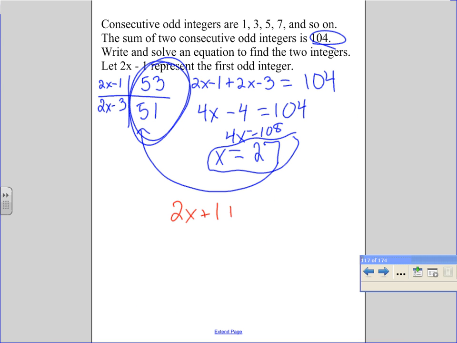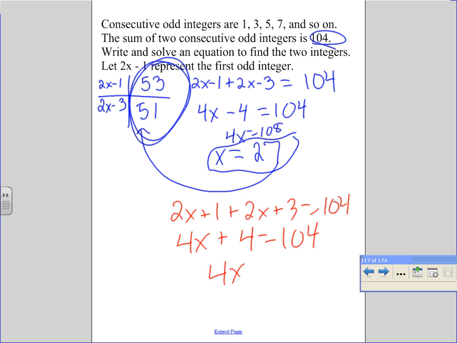Okay, so the x value is different. Sorry, I had to think about that for a second. So, Doug, what's x? What's 100 divided by 4? Okay, so you get x is 25, but when you put it back in for 2x plus 1, you get 51 and 53. Still get the same thing.